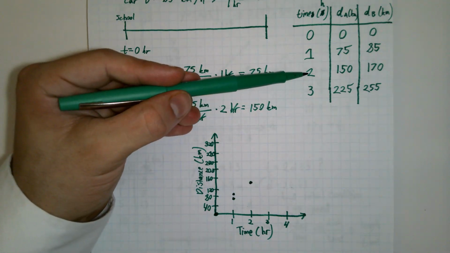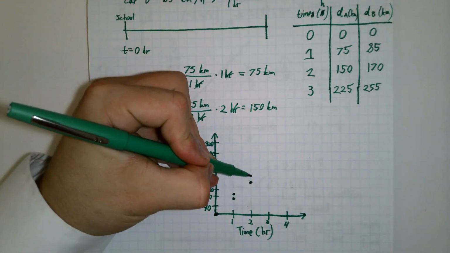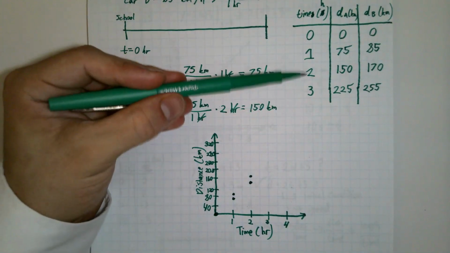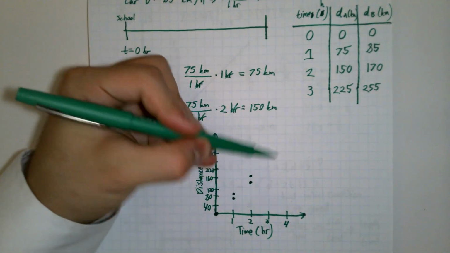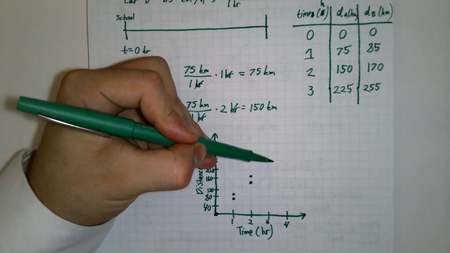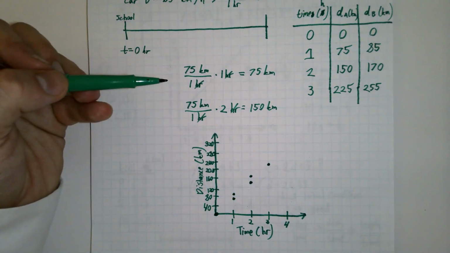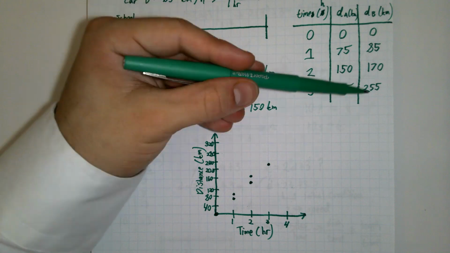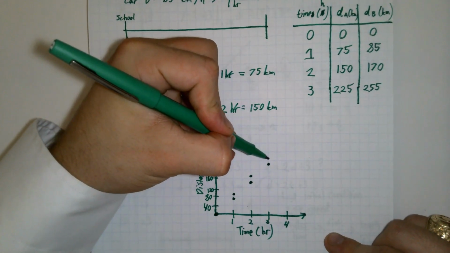For car B, we have 170 at hour 2, so just above here. And then for the third hour, we have 225 for car A, a little bit more than halfway between the 200 and 240. And then 255 for car B, which is just over this one here.